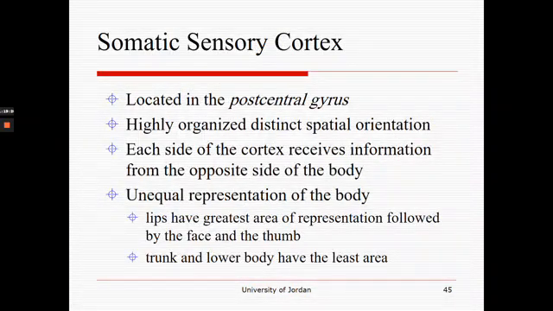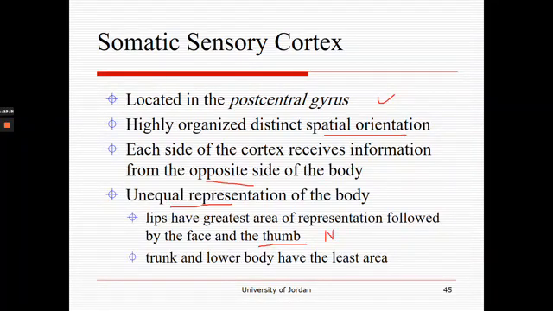Somatic sensory cortex is located in the post-central gyrus, highly organized with a distinct spatial orientation. Each side of the cortex receives information from the opposite side, the contralateral aspect. There is unequal representation. Lips have the greatest area, followed by the face and thumb, because they have the highest density of receptors.